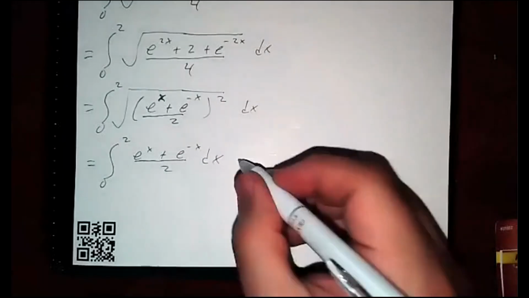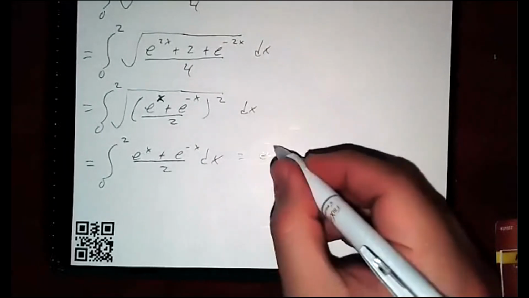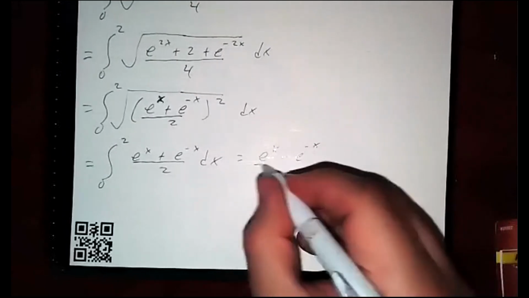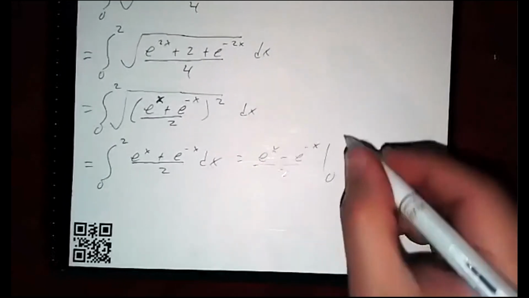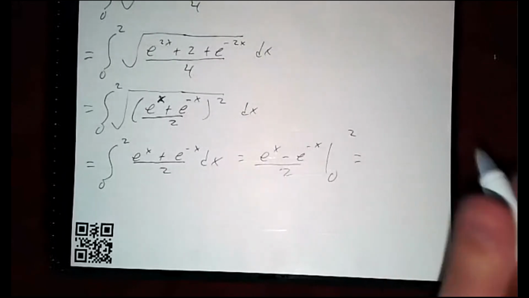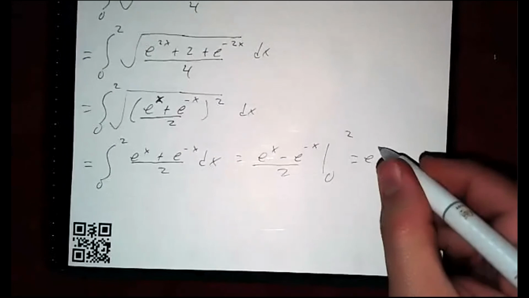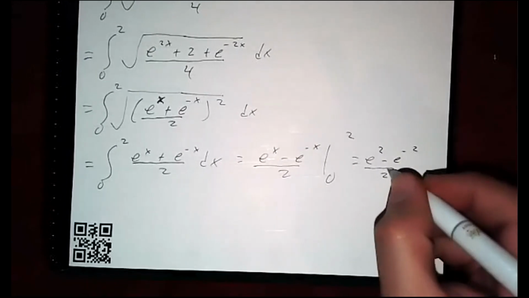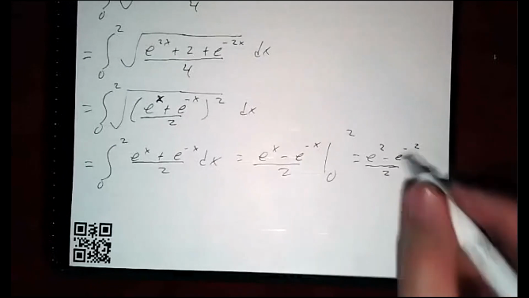So then here we just integrate and we get e to the x minus e to the negative x over 2 from 0 to 2, which will be some number. I don't know if I have space there.